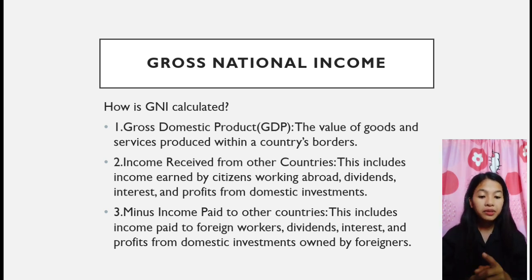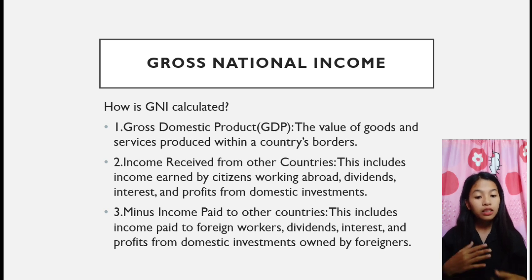Next is the income received from other countries. This includes income earned by citizens working abroad, and dividends, interest, and profits from investments. So we have the GDP within the country, then we add the income received from other countries, those earned by citizens who work abroad. Then we have income paid to other countries.